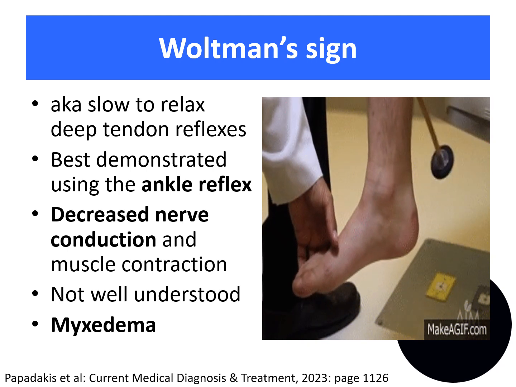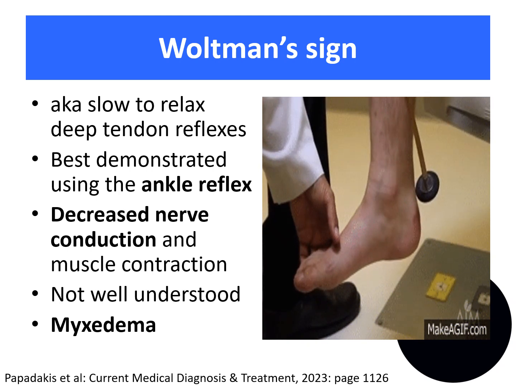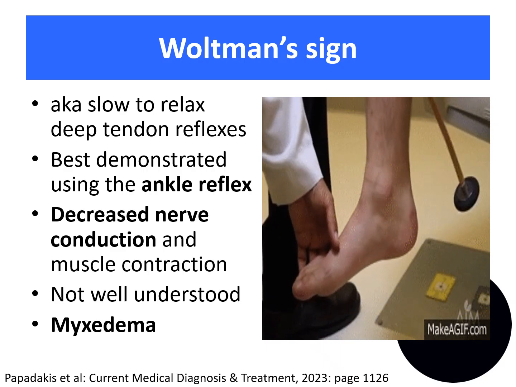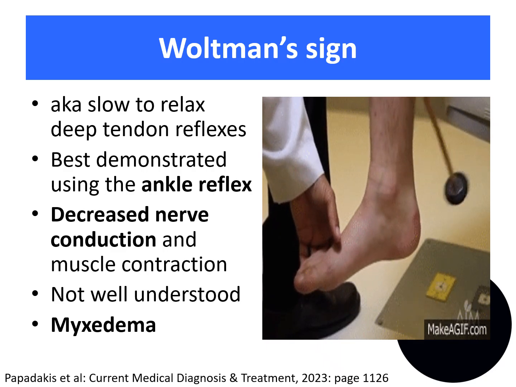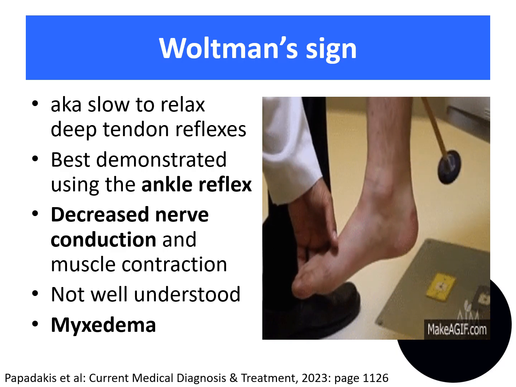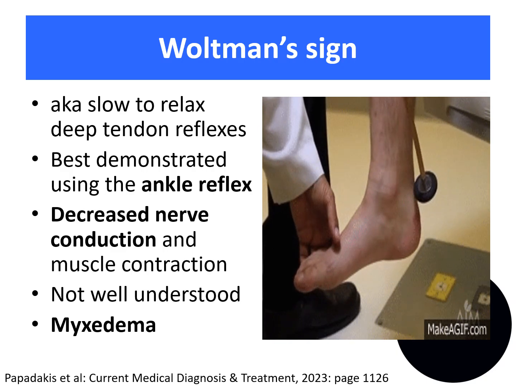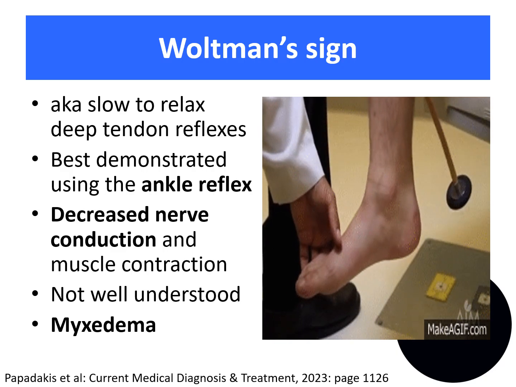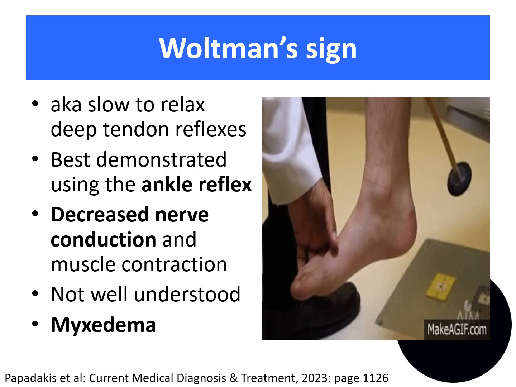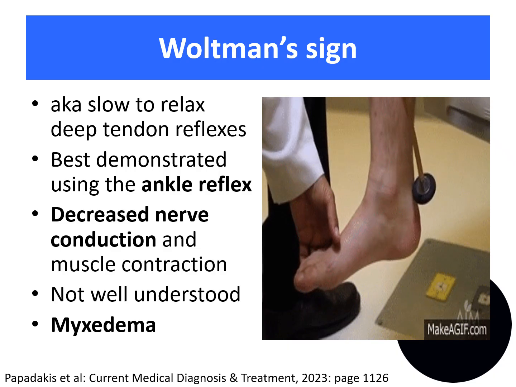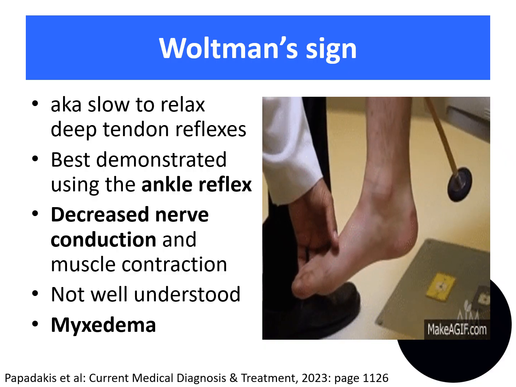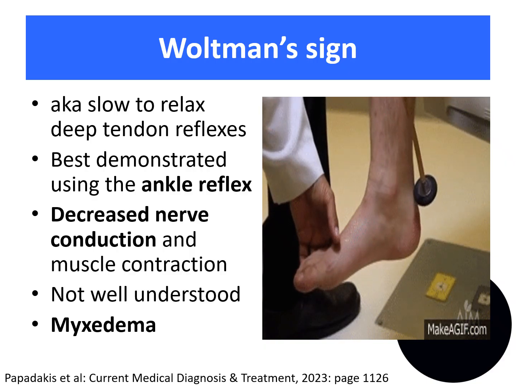Nope, can't use the word retard, doc, because retard is seen as saying the patient is stupid, an idiot, etc. So American students did not learn that Voltman's sign could also be called retarded deep tendon reflexes. Over the years, in America, Voltman's sign came to be written up for boards as slow to relax deep tendon reflexes.